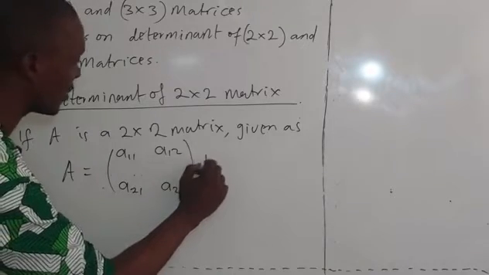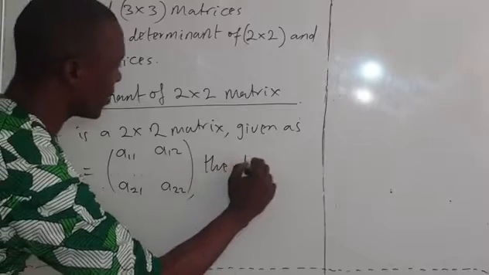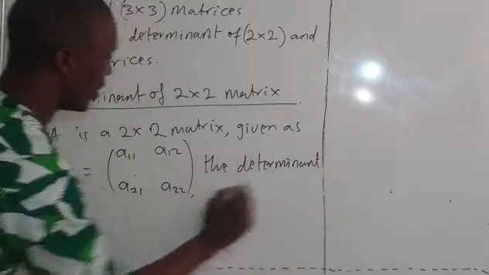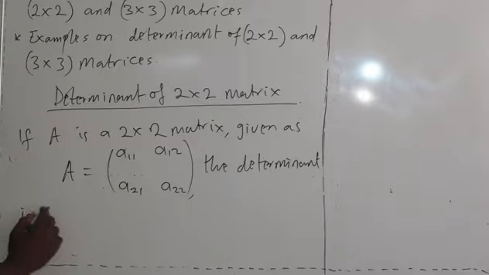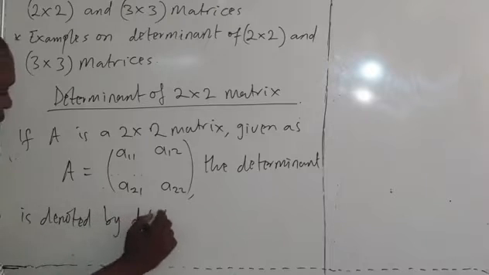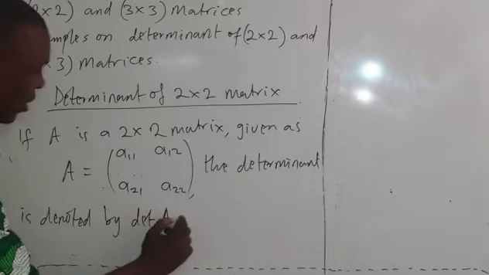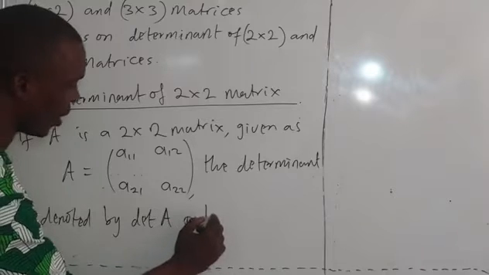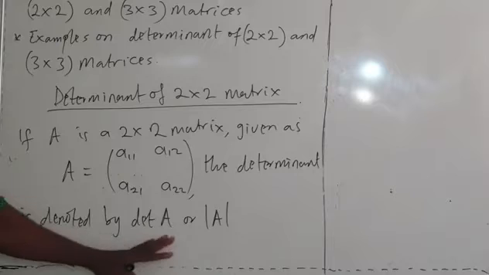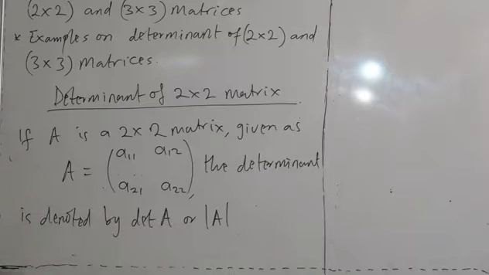To determine the determinant of this matrix, the determinant is denoted by |A| or the absolute value of A. So this is the representation of the determinant of a 2 by 2 matrix.